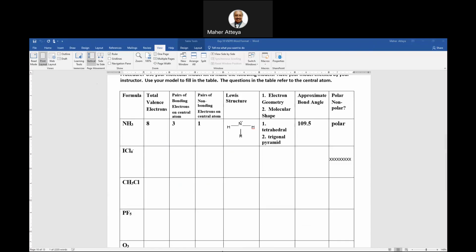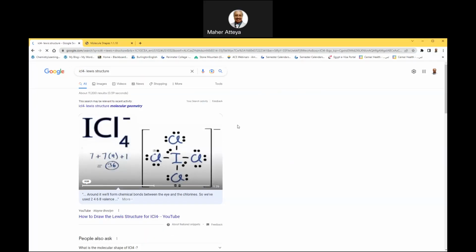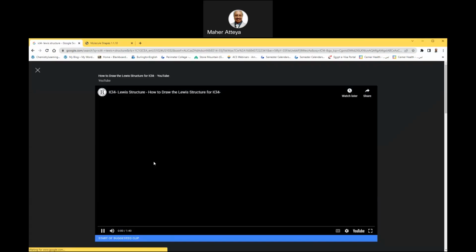So let me switch and share Google Chrome. It says Lewis dot structure here. With this snippet, I come and do this, and this is the Lewis dot structure of the molecule. I can make it even better than this by clicking on this.